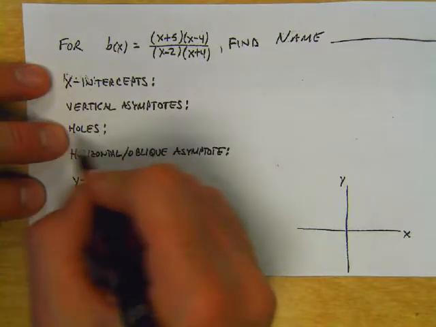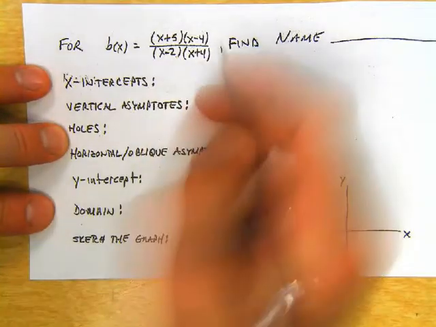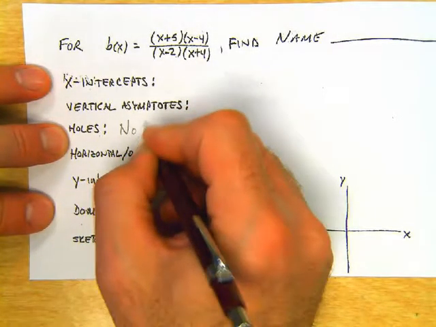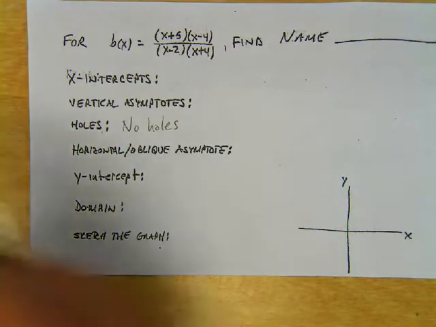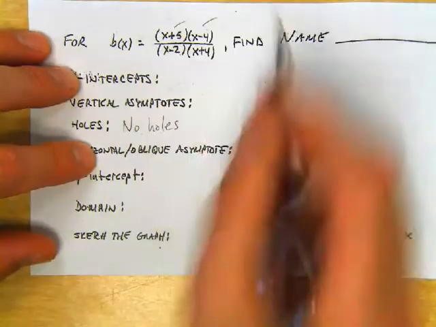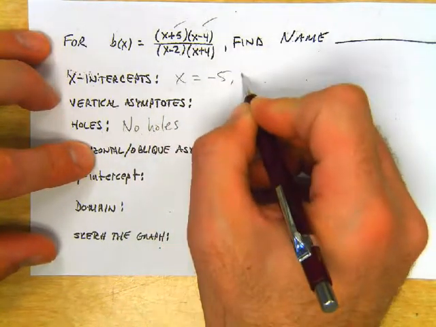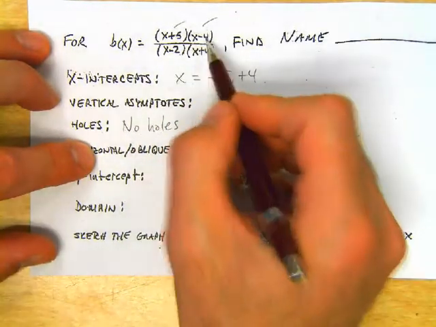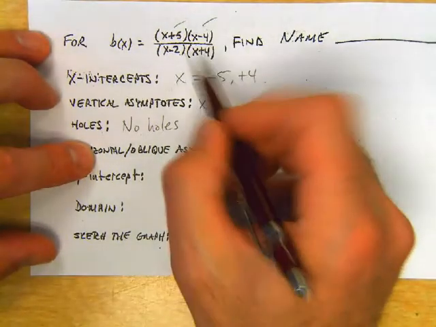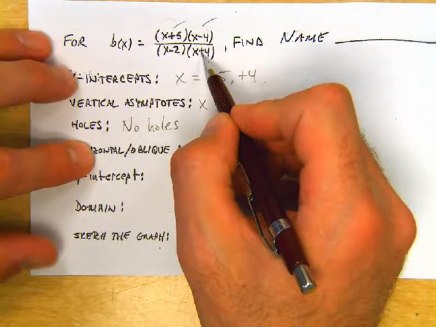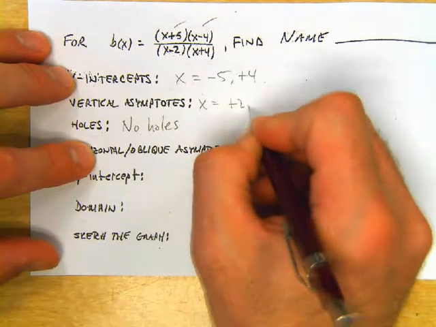I don't see any matching factors, top or bottom, so no holes. X-intercepts will be in the numerator, so they're going to occur at negative 5 and positive 4, the roots of those linear binomials. The vertical asymptotes come from the denominator. The roots of those linear binomials are positive 2 and negative 4.